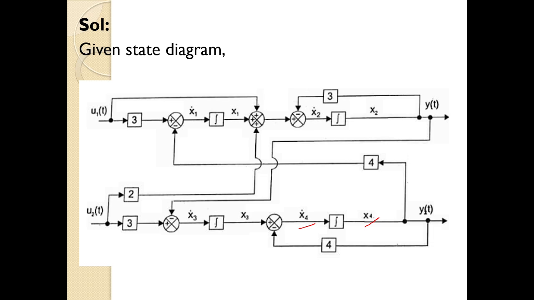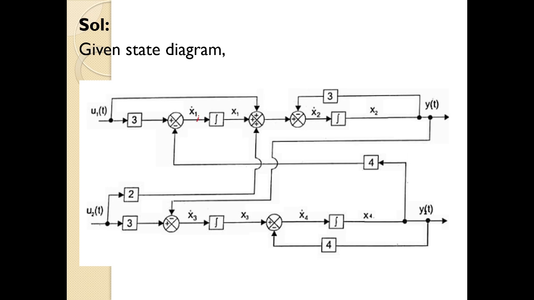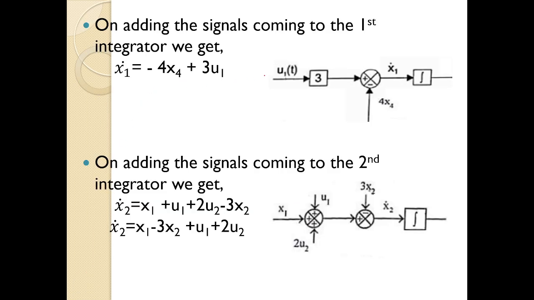Okay, now let us determine these derivative values, that is x1 dot, x2 dot, x3 dot, and x4 dot. Okay, so I have considered the summing point which is connecting to this integrator.